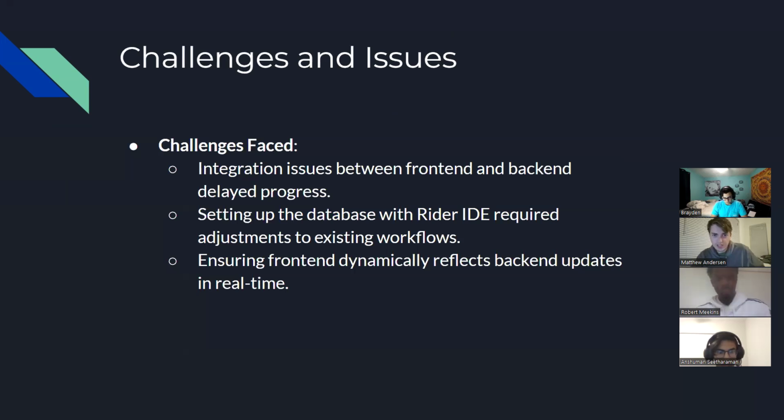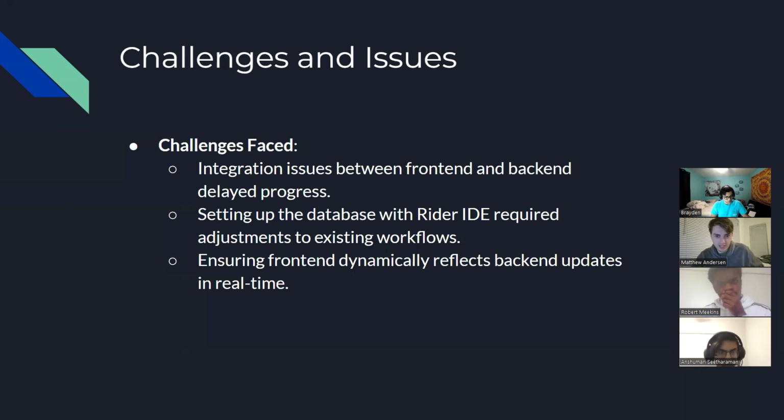And as for challenges and issues, integration between the front end and the back end, delayed process. One thing that's very unintuitive is that the front end can't really see the code of the back end very well. Really, they're just interacting with the Swagger website through Rider. And so that's unintuitive to get used to.